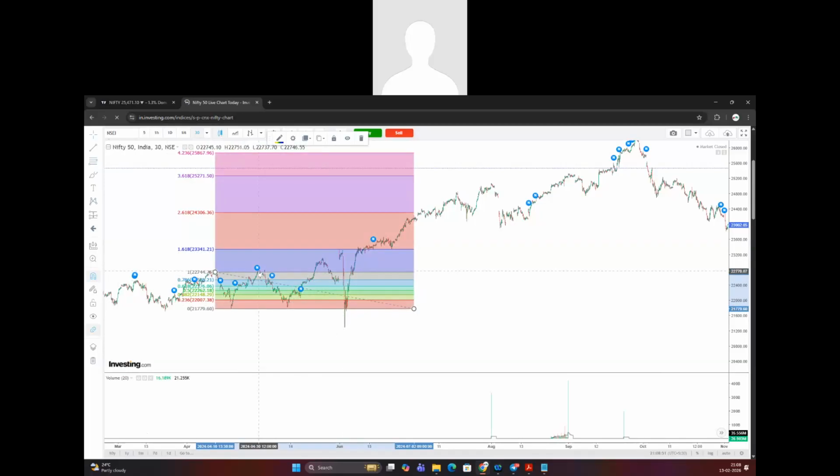From 2024, it took almost 3 months to cover this gap. As soon as it touched, it immediately started falling down. Got it.